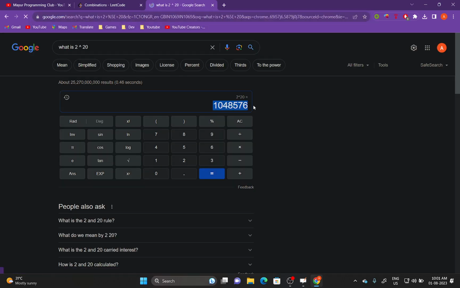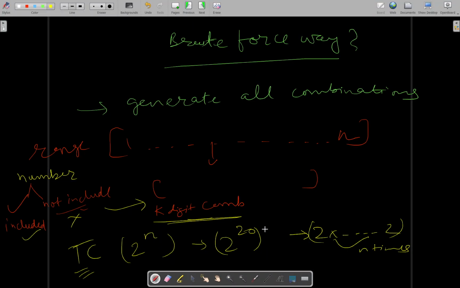This number is 1048576. So this is the number. Now it is lesser than 10 raised to power 8 operations, since its magnitude is of the order 10 raised to power 7.